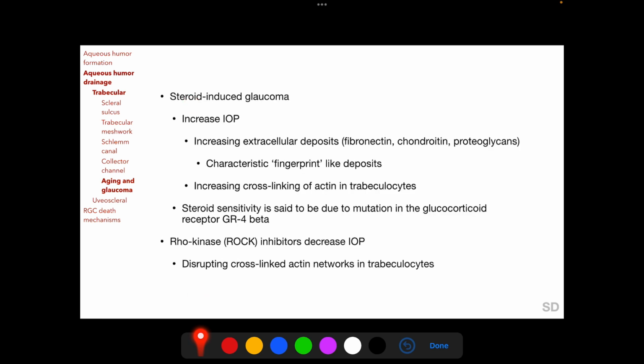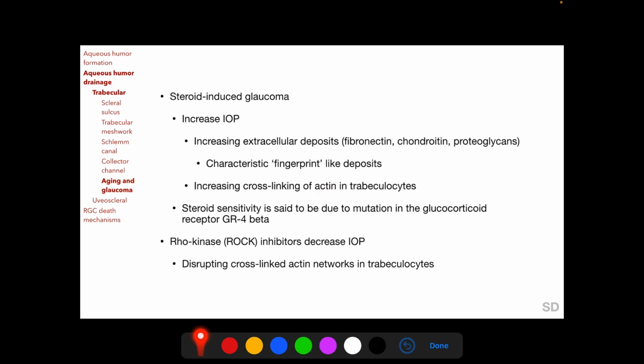Steroid therapy is known to cause glaucoma by increasing IOP, by increasing extracellular deposition of materials such as fibronectin, chondroitin, and proteoglycans, and these extracellular deposits on ultramicroscopic examination appear as fingerprint-like deposits. Steroids also increase IOP by increasing cross-linking of actin microfilaments within trabeculocytes.